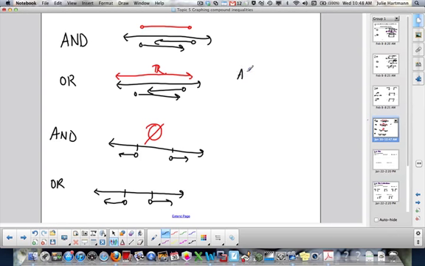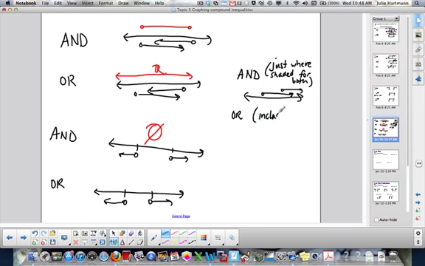One more thing. And or, if you're going in the same direction, and is just where shaded both, and or is include both lines.